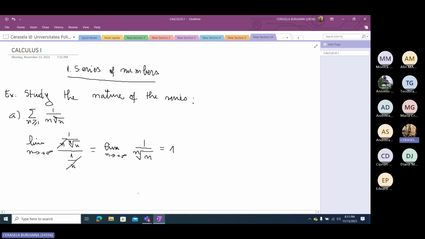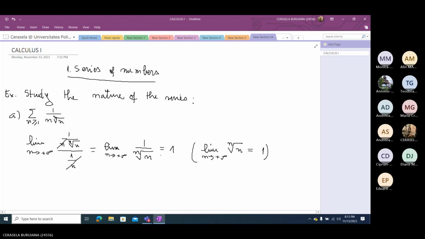Because remember, I will write between parentheses: the limit when n goes to infinity of root of order n from n has the value. How much is this limit? 1 as well. Good.